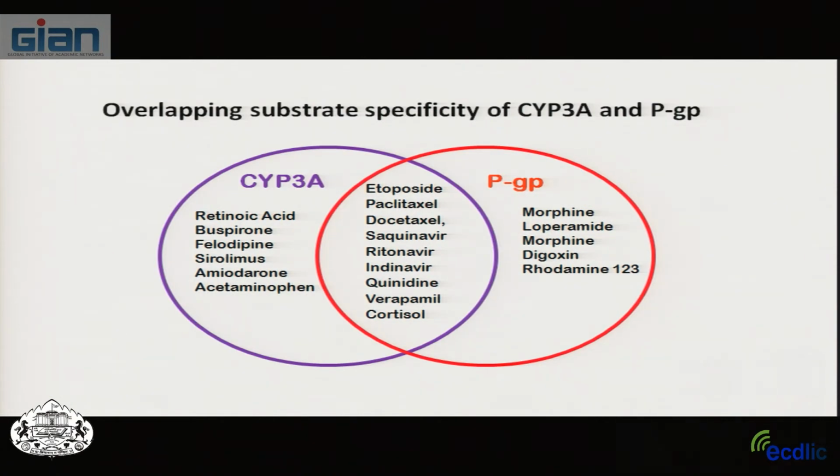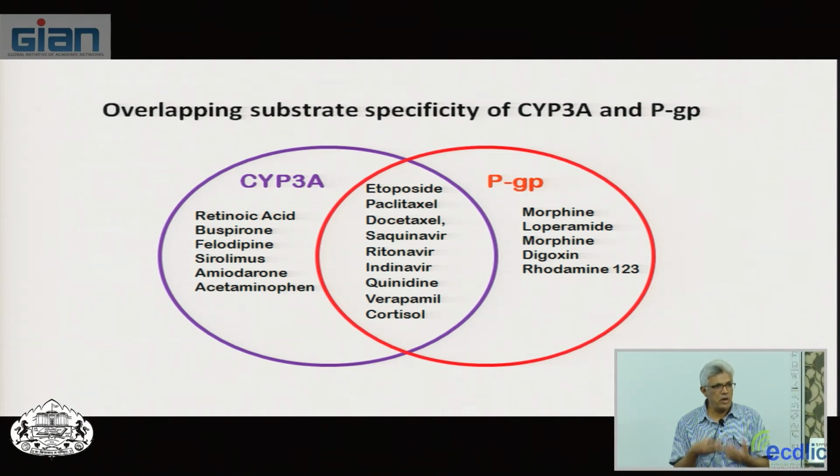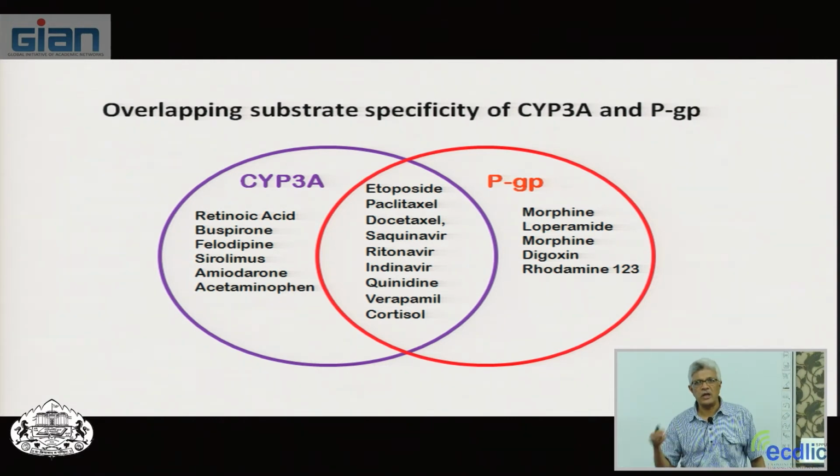Okay. So when you look at drug-drug interactions, we actually saw some overlapping substrate specificities for transporters. As you know, the cytochrome P450s are involved in metabolism of drugs and toxic compounds.